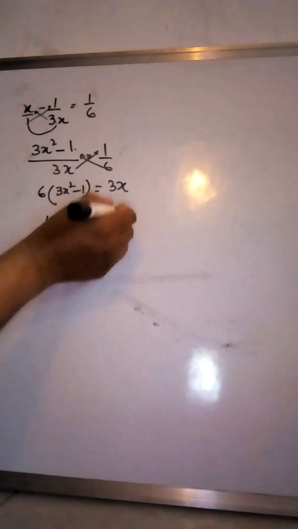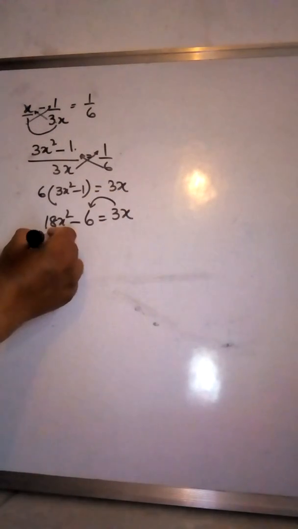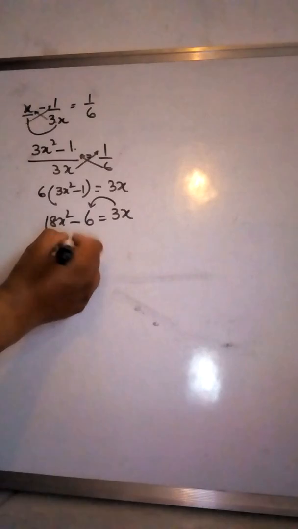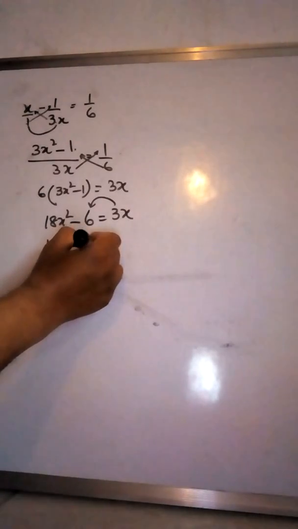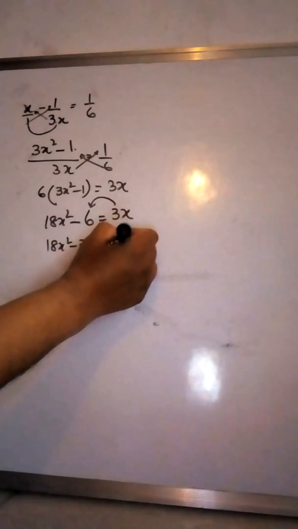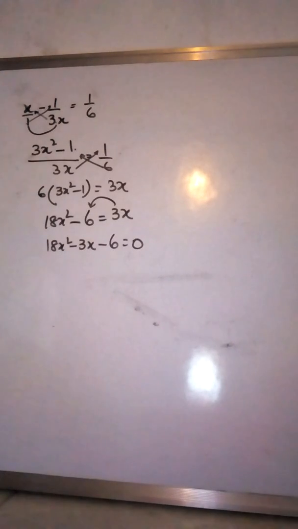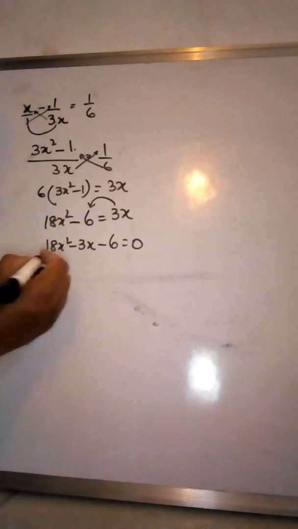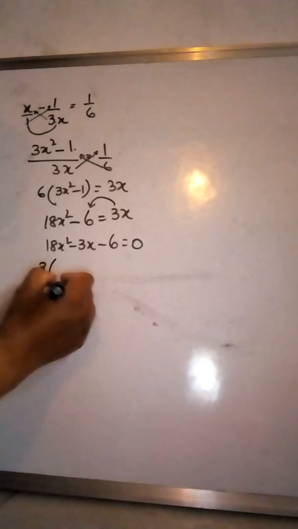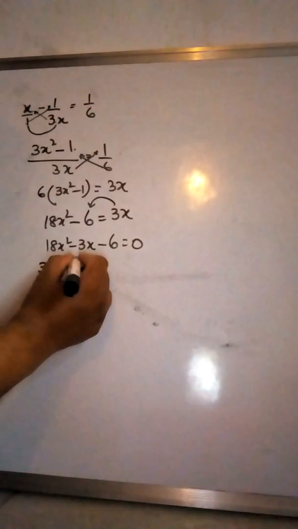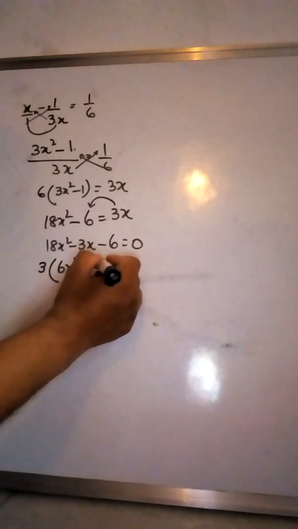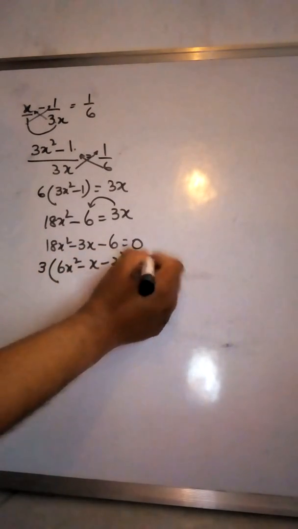Now here transpose this 3x, so it will be 18x square minus 3x minus 6 is equals to 0. Now all the three terms are multiples of 3, so I'll take 3 common. So I'll have 6x square minus x minus 2 is equals to 0.